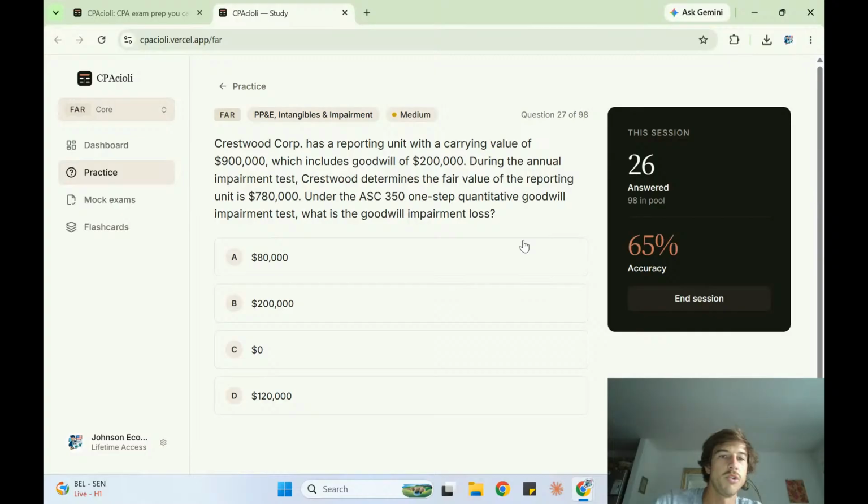With a carrying value of $900,000, which includes goodwill of $200,000. During the annual impairment test, fair value is less than carrying value, which means I think impairment exists.